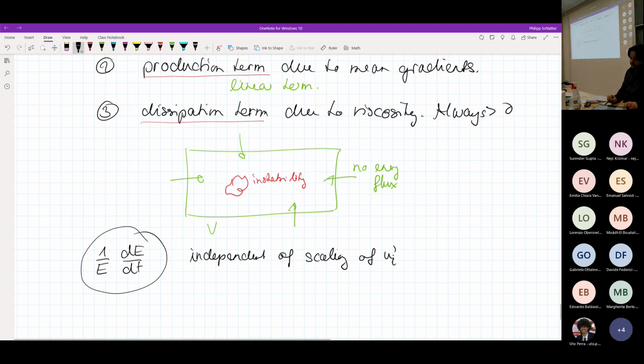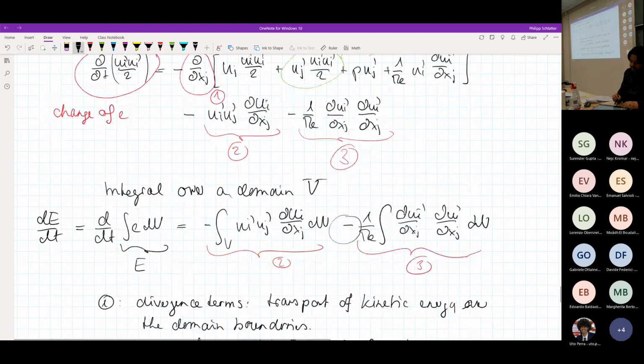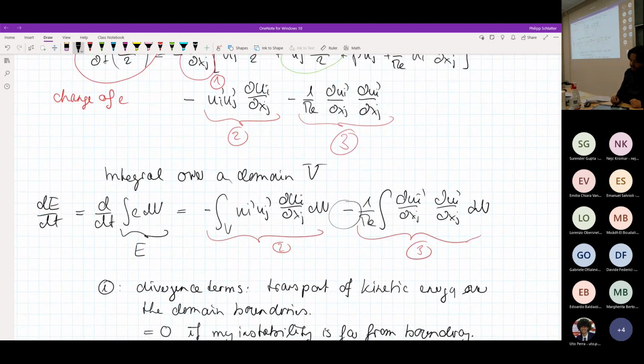What do I mean with that? Well, if I double ui prime, then of course I double it everywhere. I double it in E, I double it in this term, which only has 2 times ui prime, and I double it here.